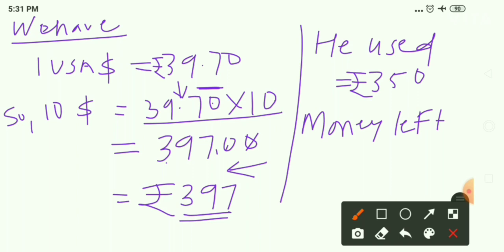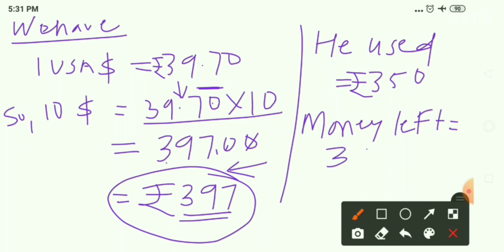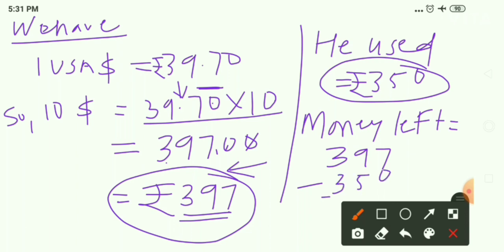Money left is equal to the total money he got from his uncle, that is 397, minus the money he used, that is 350. Now subtract it and get the answer. 7 minus 0, you will get 7, and 9 minus 5 is 4, and 3 minus 3 is 0. So 47 rupees, he is remaining only.